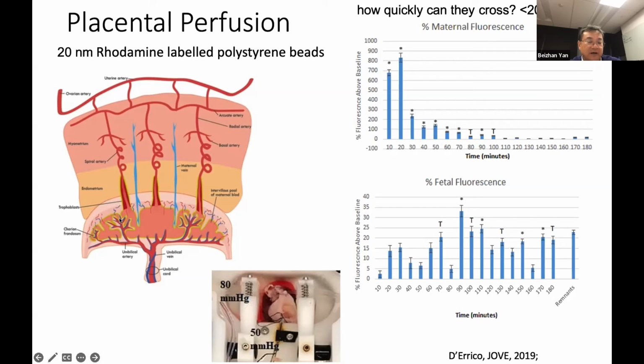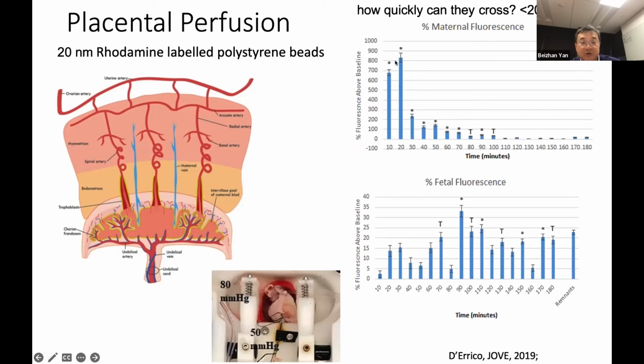She takes out the placenta from a rat, introduces blood and polystyrene beads into the blood, and then takes blood samples from the fetus side to see how much crossed the placenta. When they put the plastic beads into the blood, you can see a decrease on the mother side.